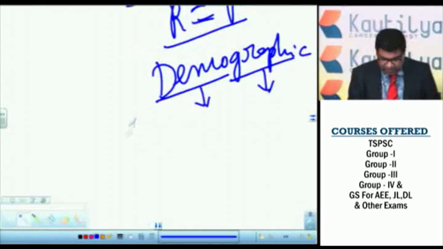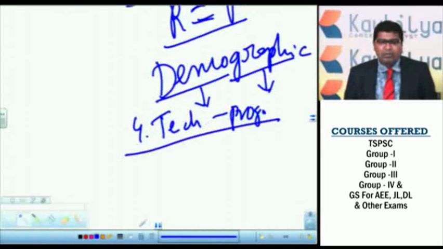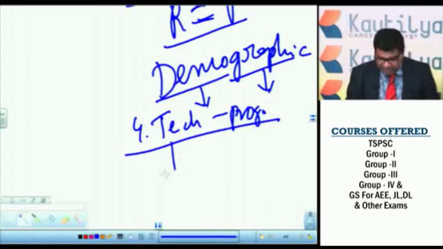Next, the fourth important element is technological progress in the economy. The more the technology, the more the growth in the economy. So substantial sophisticated technology is needed to improve the economy. Modern techniques of technology are needed to improve production, as also identified by Karl Marx.